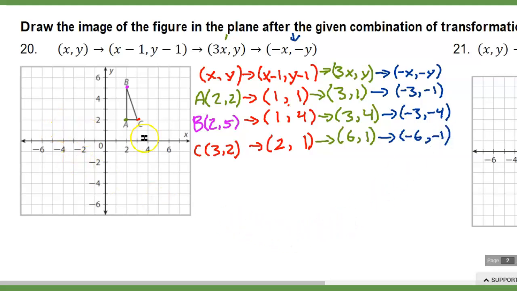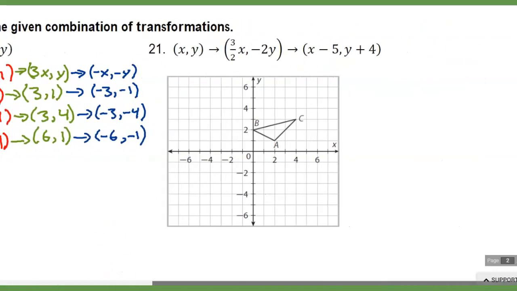So I'm going to go ahead and plot those 3 coordinates. Negative 3, negative 1, negative 3, negative 4, and negative 6, negative 1. There we go. That is our transformation.